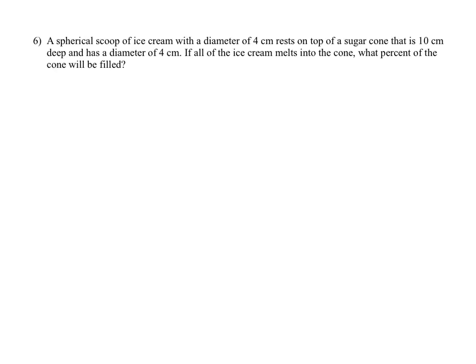It says, a spherical scoop of ice cream with a diameter of 4 centimeters rests on top of a sugar cone that is 10 centimeters deep. So the height here is 10, and it has a diameter of 4. So my radius is 2.